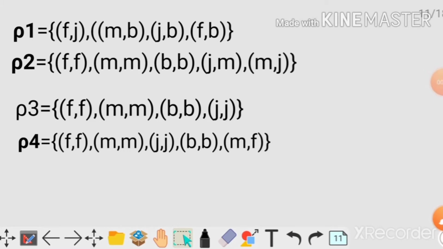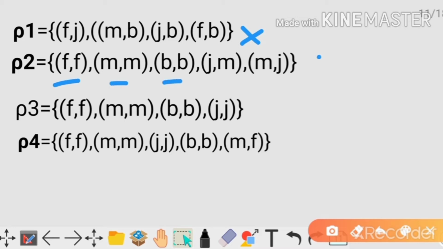Now for rho 1, it doesn't contain any of the identical elements, so it is not reflexive. For rho 2, it contains 3 identical elements but does not contain (J, J), so it is also not reflexive. For rho 3, it contains all the required identical elements, so it is reflexive.